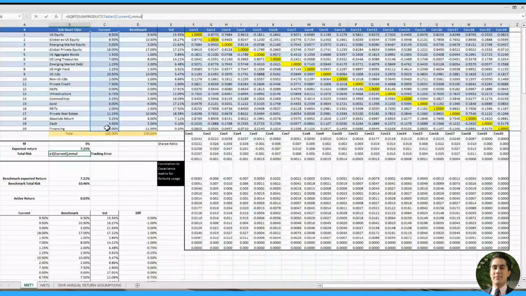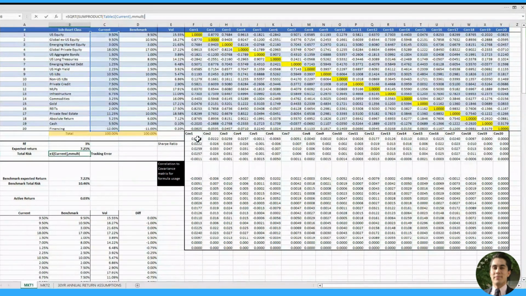And now this is where we're going to use MMULT, which returns the matrix product of two arrays, an array with the same number of rows as an array and columns as an array 2. Basically we multiply, as in the formula, the covariances times the weights, and you do that each time. US equity with every single asset, global ex-US equity with every single asset. The formula would be huge, but if we use MMULT, we can easily do that.